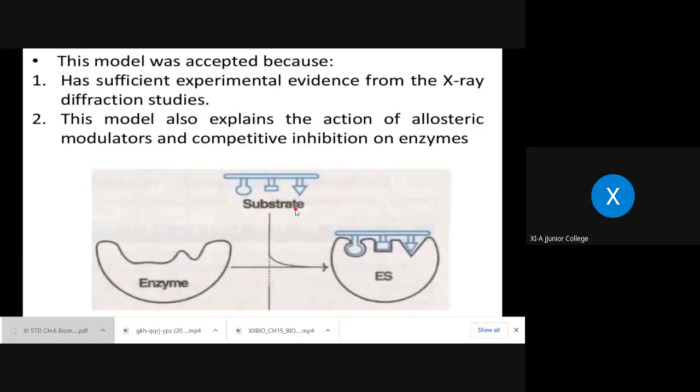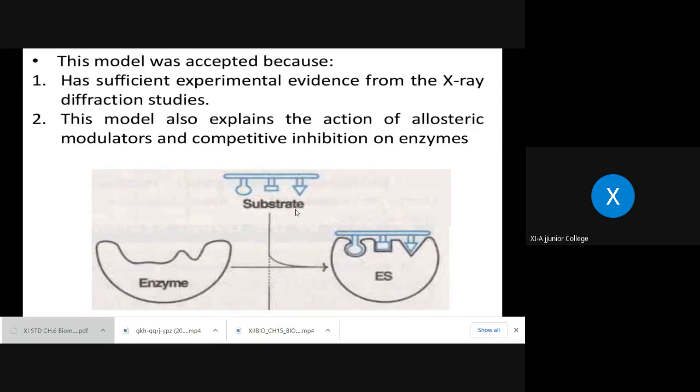This model was accepted because it has sufficient experimental evidence from X-ray diffraction studies. And it explains the action of allosteric modulators and competitive inhibitors on enzymes.